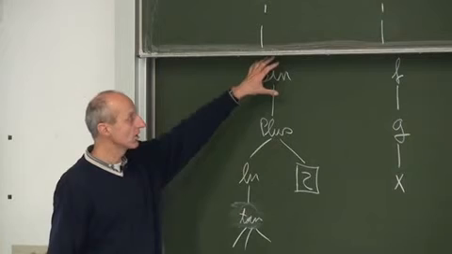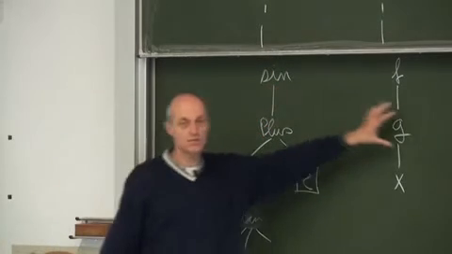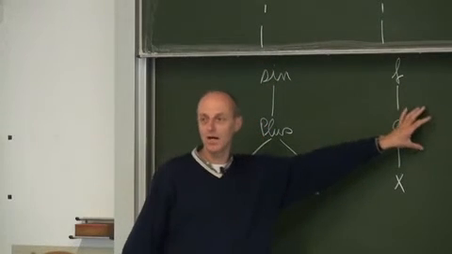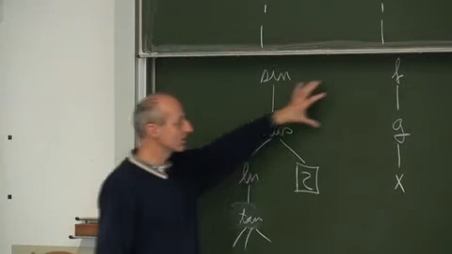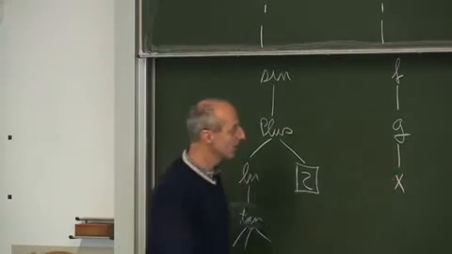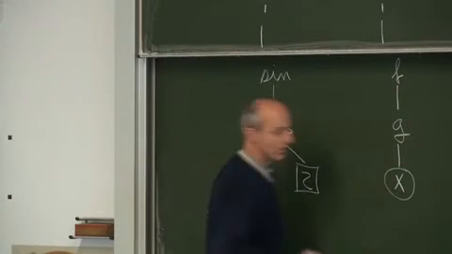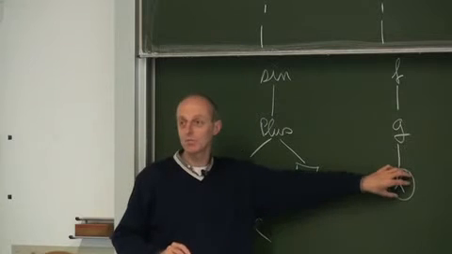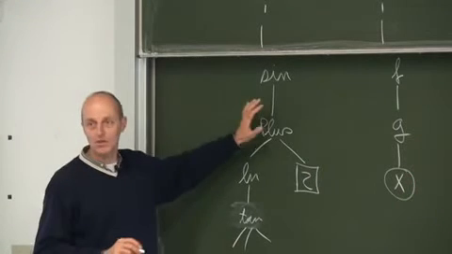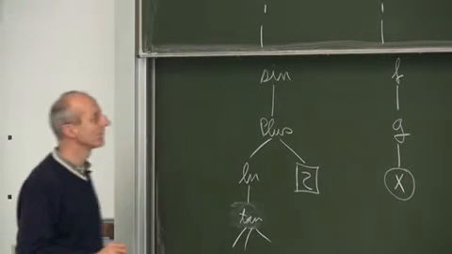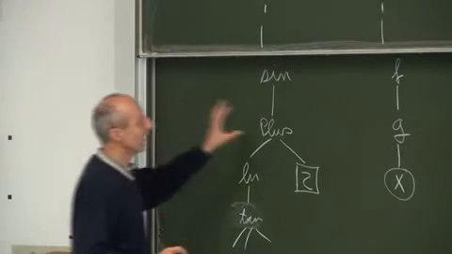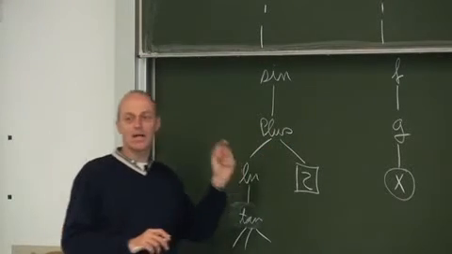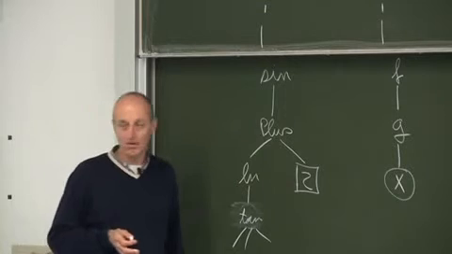If I can match the top of this tree with this tree, then I'm allowed to apply this rule, because here we have a variable, and this variable can be replaced by an arbitrary subtree. So the algorithms that do the pattern matching are like graph isomorphism.